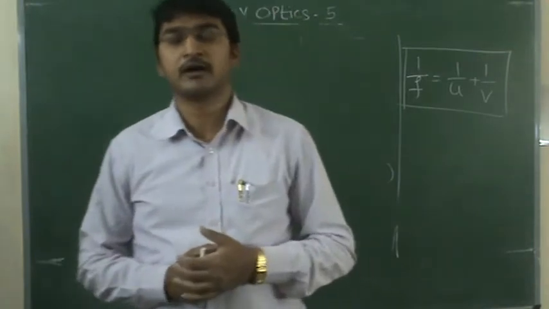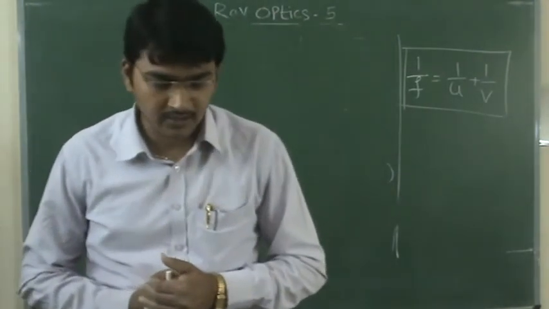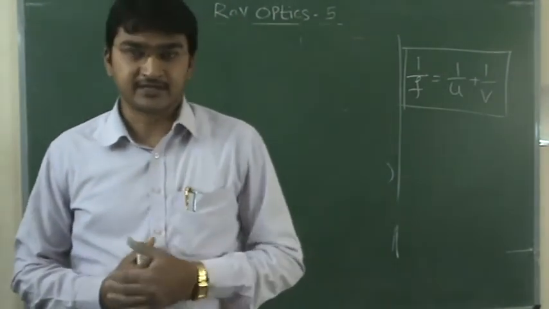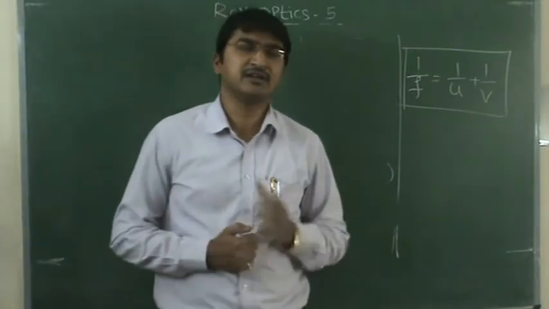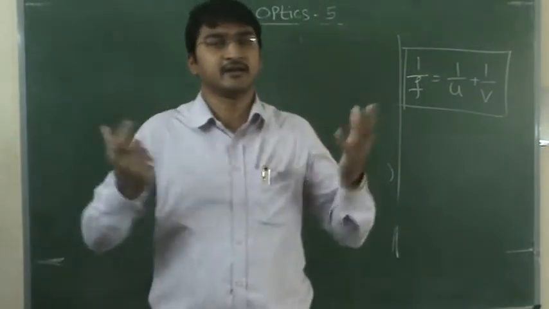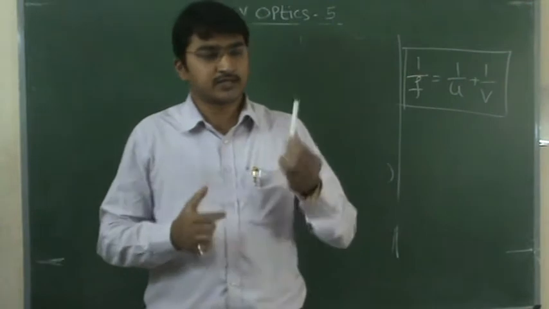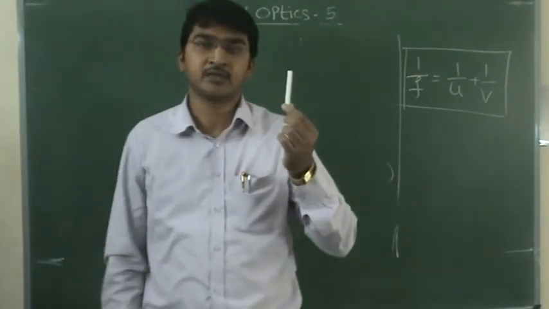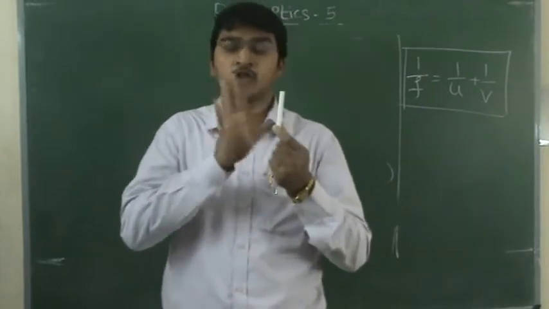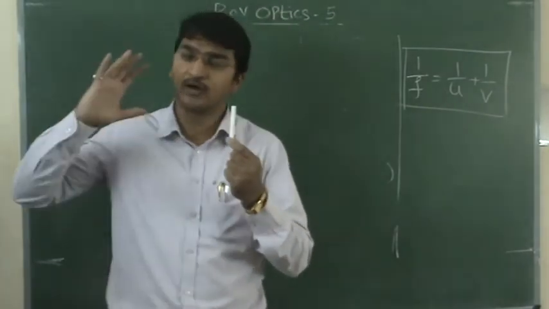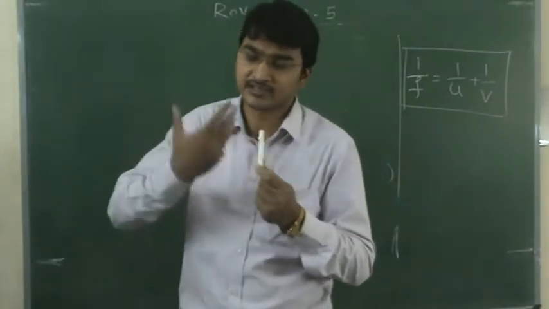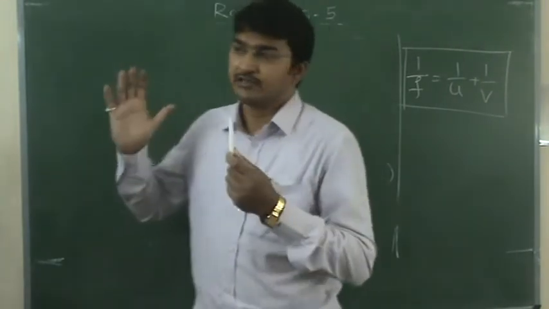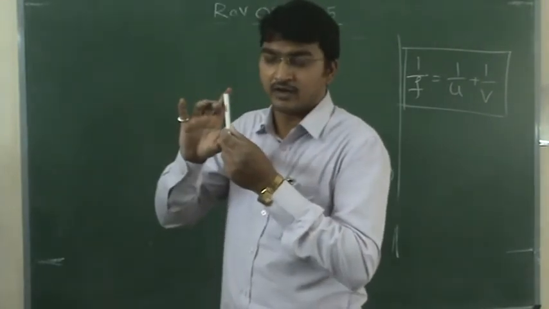Now coming to the next part, linear magnification. What does magnifying mean? If you take an object, this is the original size. If I see this object using another optical instrument like a mirror, we are discussing mirrors.